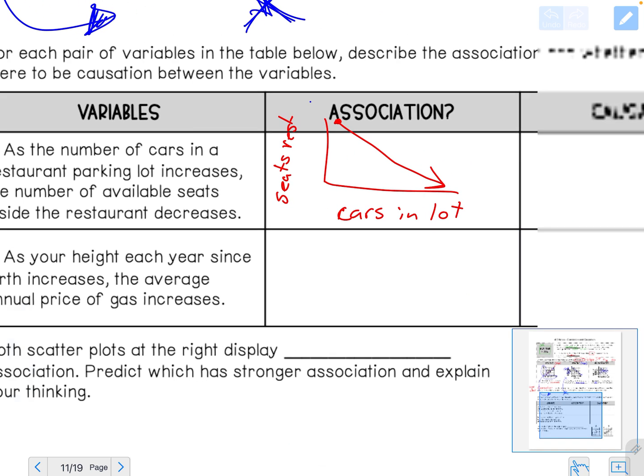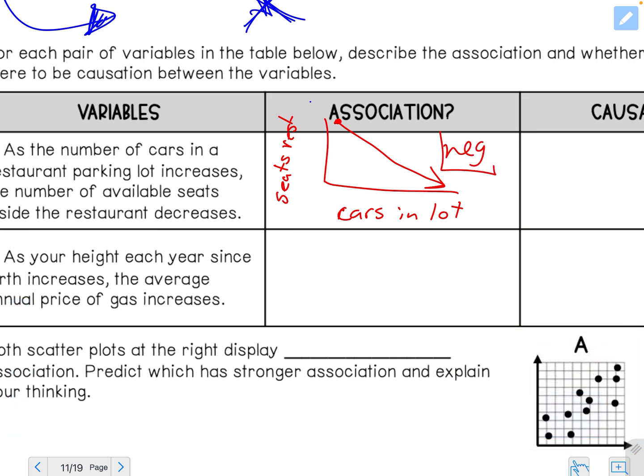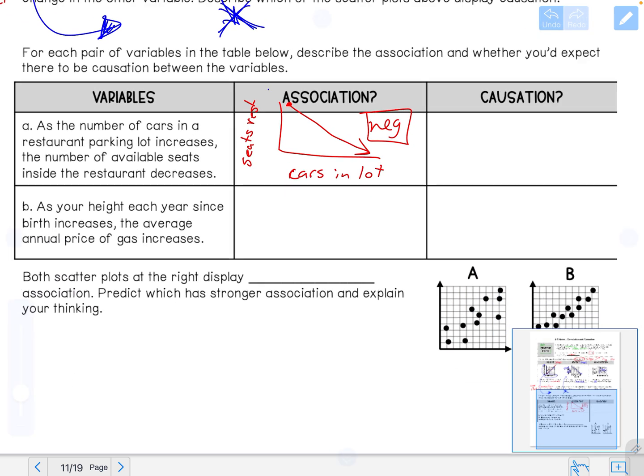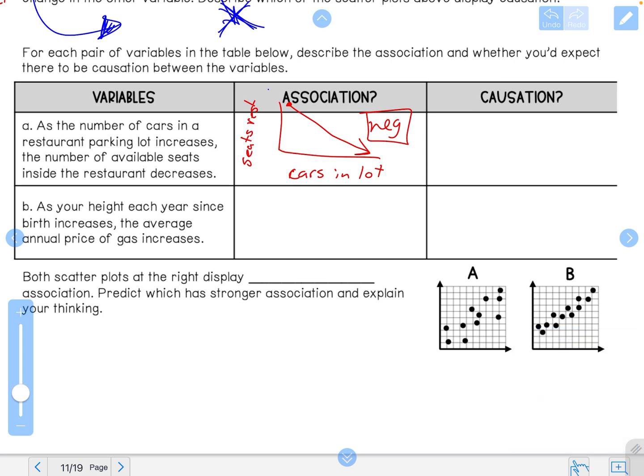That would be a negative association, because as the cars increase, the seats decrease. You would think that the more cars that show up in a parking lot for a restaurant means there are more people in there. So yes, this would be causation, because if more people are parked outside of the restaurant, more people are in the restaurant, so there are fewer seats available.